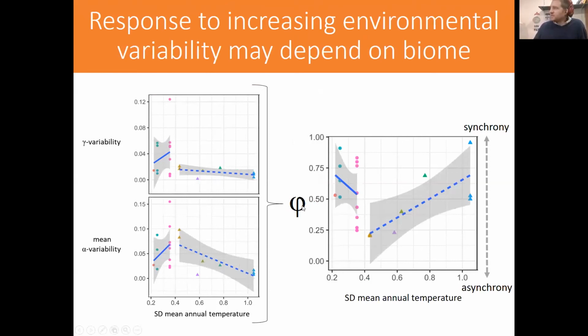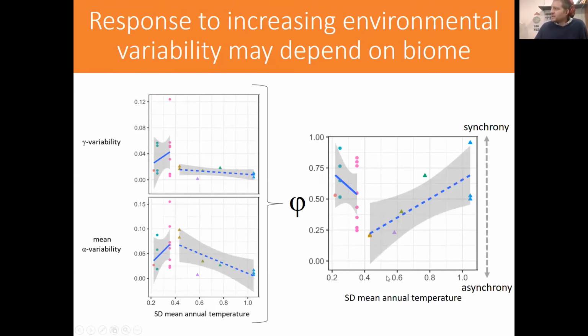It gives us some idea of how local stability scales to regional stability, or in this case, how local variability affects regional variability. The y-axis along this graph is essentially asynchrony to synchrony.